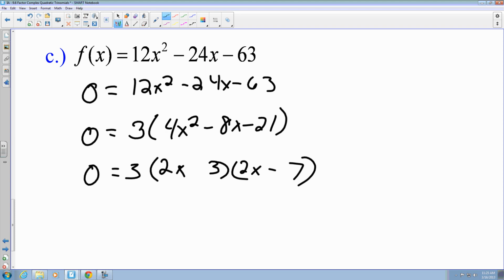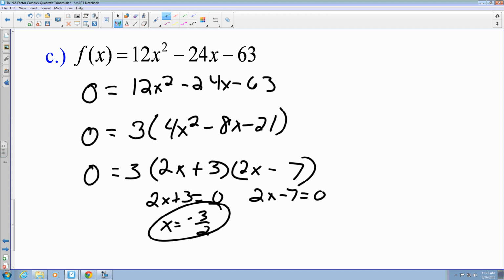So the minus sign would go here, plus sign would go here. And so if I go 2x plus 3 equals 0, using the zero product property, subtract 3 from both sides and divide by 2, my x is going to be negative 3 over 2. And if I add 7 to both sides and divide by 2, my x is going to be 7 over 2.